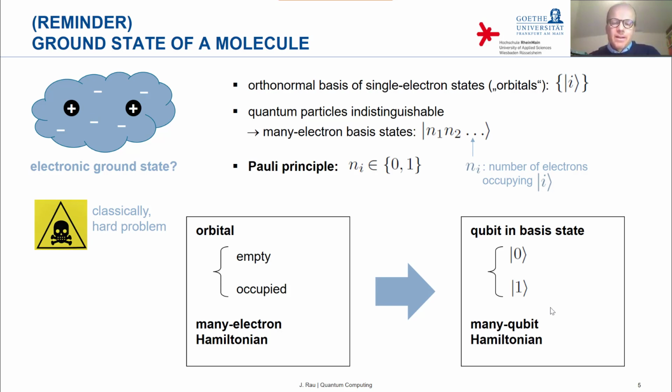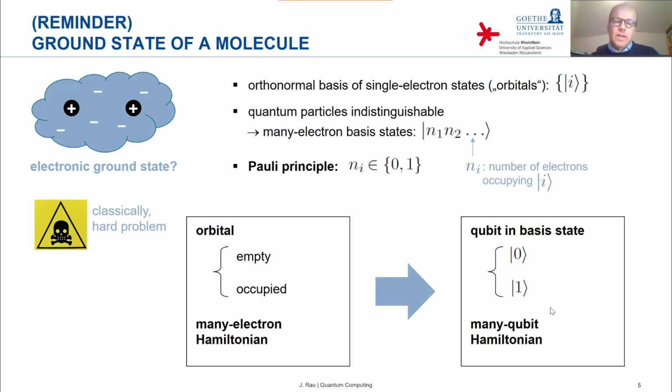Namely, we associate with each orbital, that is a single electron basis state in the molecule, a qubit. And due to the Pauli principle, each orbital is either occupied or empty. With these two possibilities, we associate the basis states 0 and 1 of our qubits.